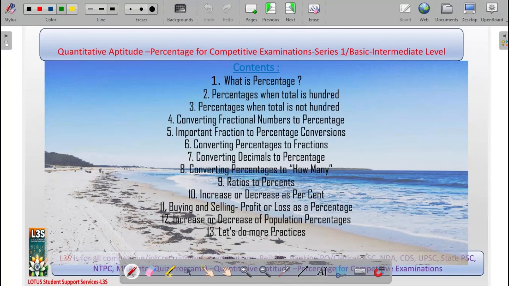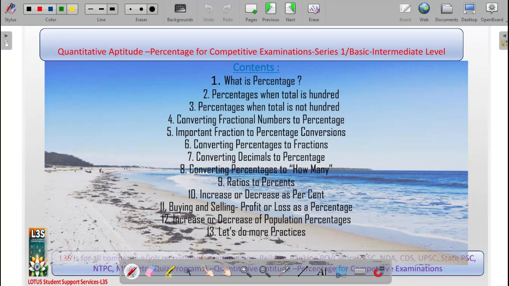The content of this session will be: first, what is percentage; then percentage when total is 100; percentage when total is not 100; then converting fractional numbers to percentage; important fraction to percentage conversions; converting percentage to fractions; converting decimals to percentage; converting percentage to decimals; ratios to percentage; increase or decrease as percent; buying and selling; profit or loss as a percentage; increase or decrease of population or value percentage; then some practice.